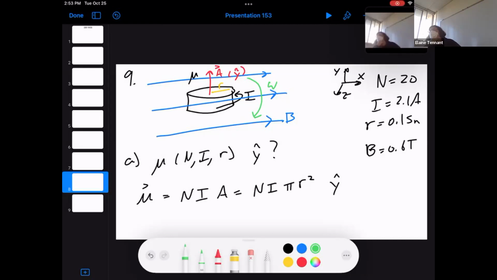Just like positive X? It's the one direction it's not going to be moving in. In the Z direction, you got it.